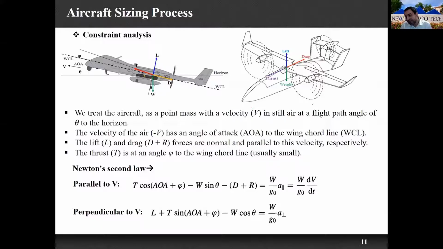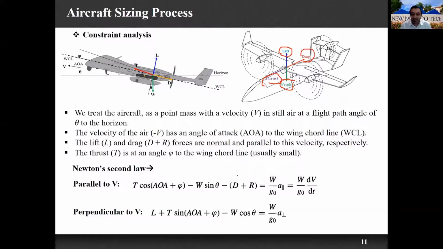Now if you look at this airplane, we said that there are four main loads or forces acting on any type of aerial object, including the lift, which should compensate the weight, and thrust, which should compensate the drag. Again, you don't need to know these two equations in more detail.